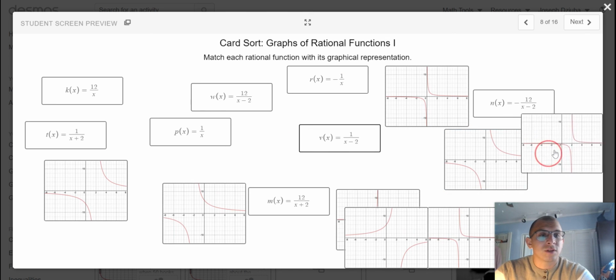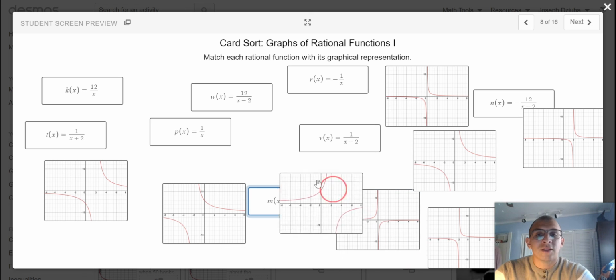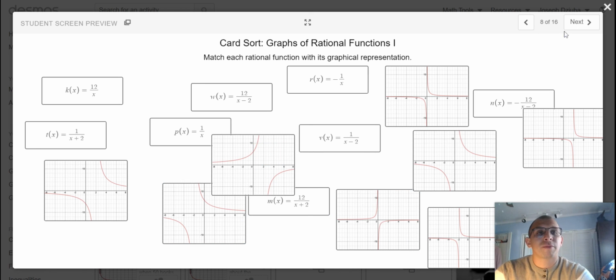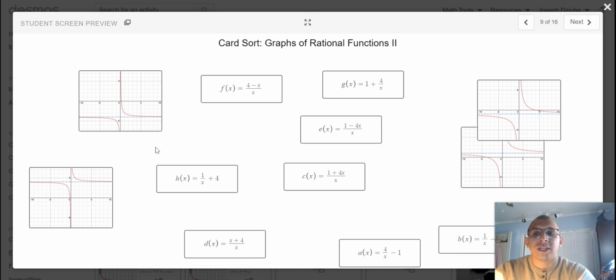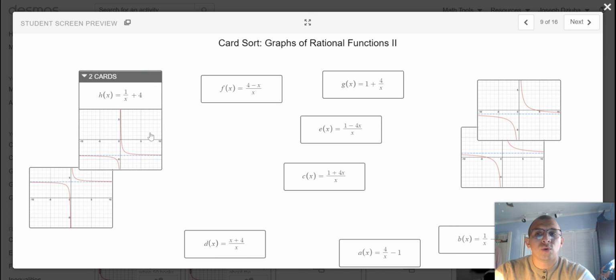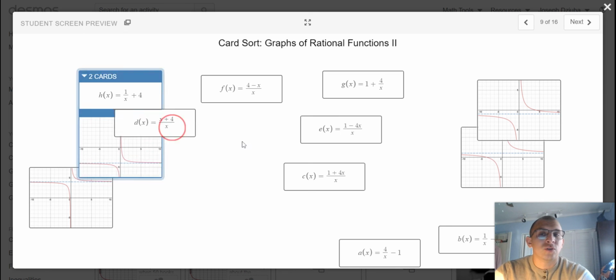So you should be able to notice some similarities between the algebraic representation and our graphical representations, and vice versa, with our card sort, our second card sort. In this card sort, each graph is going to have two expressions attached to it. It is up to you to decide which two those are.